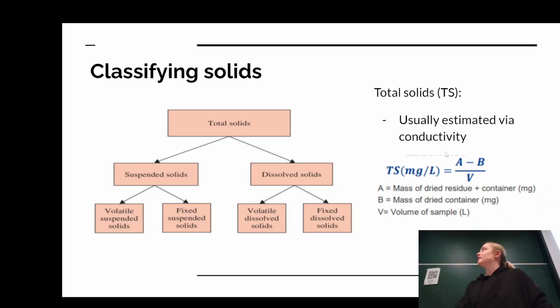One more thing to note down here, total solids is measured in milligrams per liter most of the time. And they'll probably put in the question something like the mass of the container was X, the mass of residue was Y, and then make you figure it out from there.